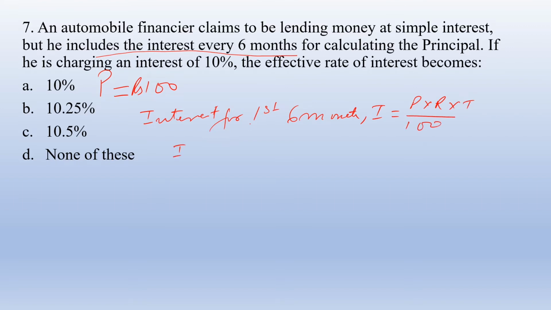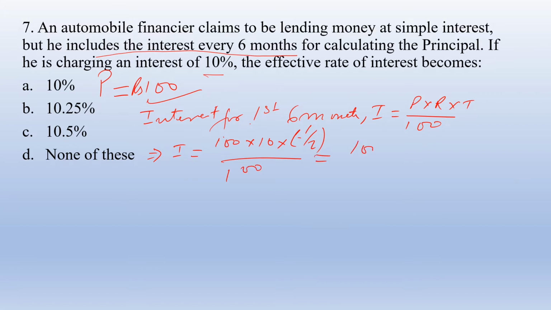So from here it follows I equal to principal. We take principal to be 100. So here 100. The rate is given 10%. So we'll take 10. The time, since we can calculate it in 6 monthly, so the time will be 1/2. That is 6 months, or we can say half of the year, divided by 100.